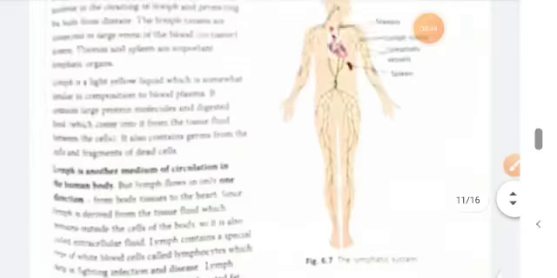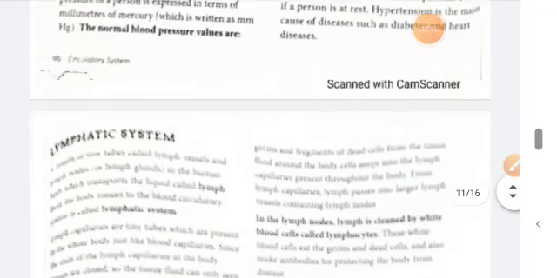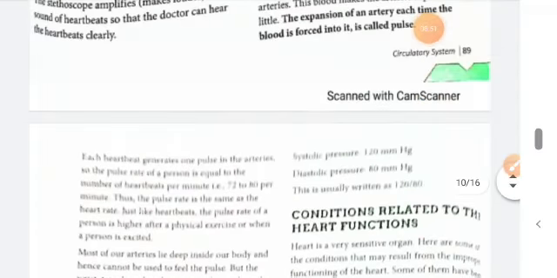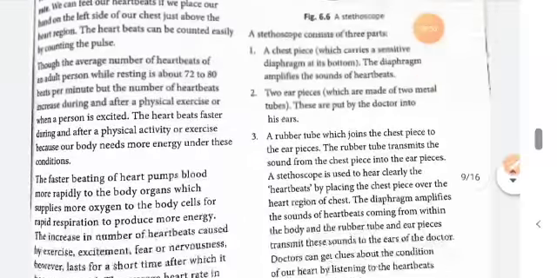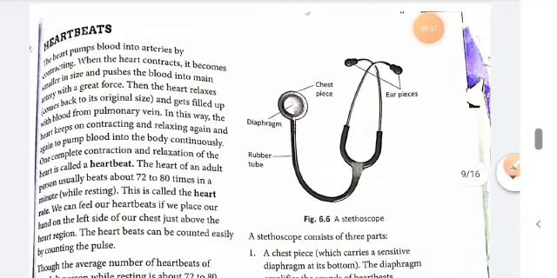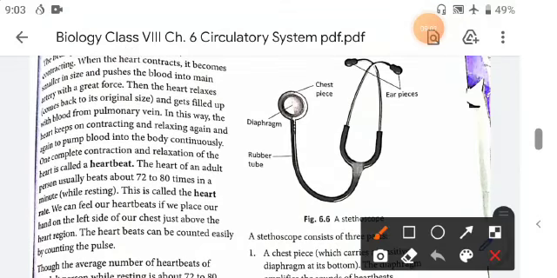Two processes are there: there is contraction and there is relaxation. Now the topic is heartbeats. So the heart pumps blood into the arteries by contraction.